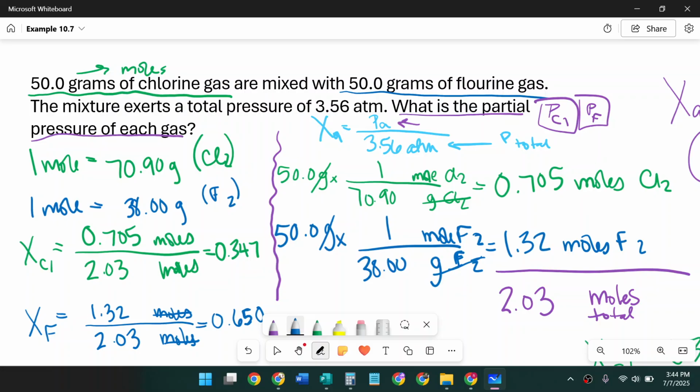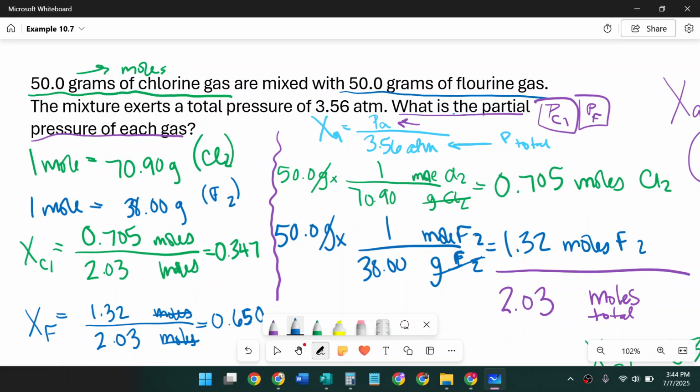So we used our mole fraction to figure out that partial pressure. But to do that, first we had to find the mole fraction for each of the gases, which meant we had to take the grams they gave us and convert it to moles, and then use those moles of each of the two gases and the total moles of them added together to find the mole fraction for each.